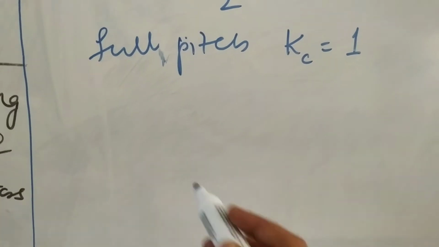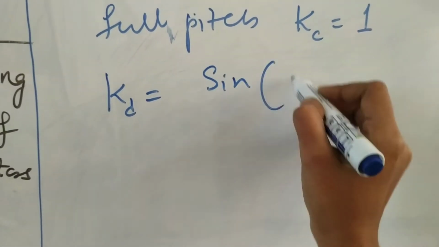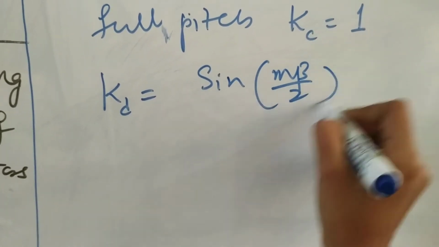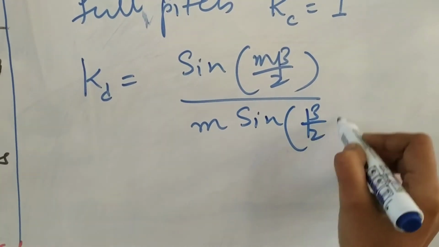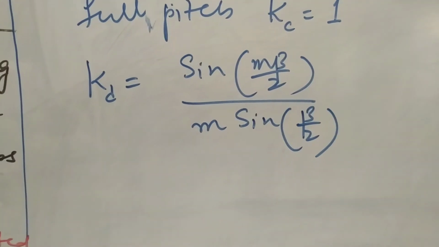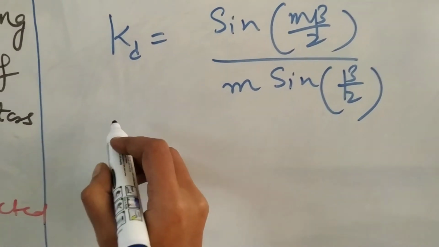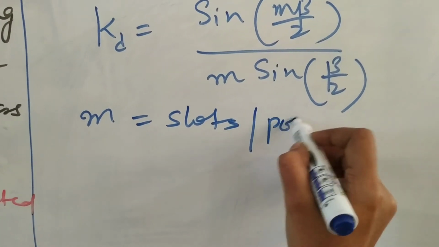Now coming to Kd. What is the formula for Kd? Kd is given by sine of m beta by 2 divided by m into sine of beta by 2. As I shared in the previous video, what is m? M is the slots per pole per phase.